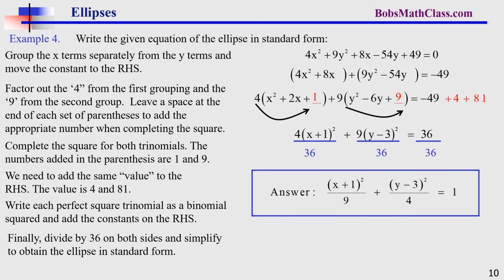But you know what to do. What's our center? Our center would be negative 1 comma 3. What's our a? Our a is 3 because it's the square root of 9. Our b is 2. So from our center we would go 3 left, 3 right, 2 up, 2 down.